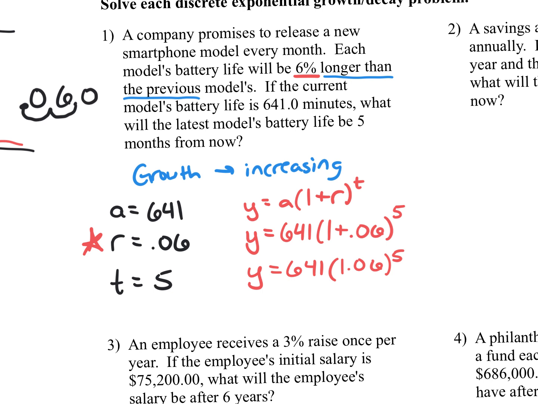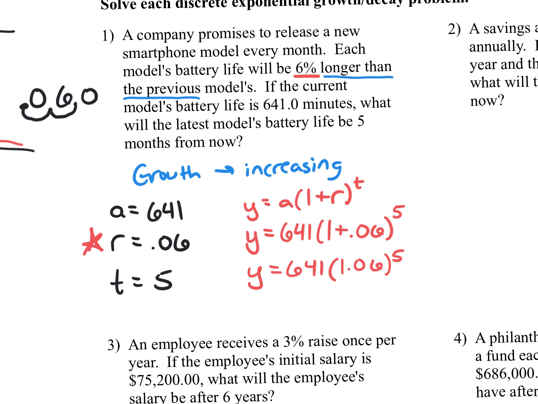When I'm typing this in my calculator, what am I going to type in first? Parentheses, and what's it to? The 5th power, yep. So in your calculator, type 1.06 to the 5th power. Yep, keep that number in your calculator because you should get 1.338 and so on.